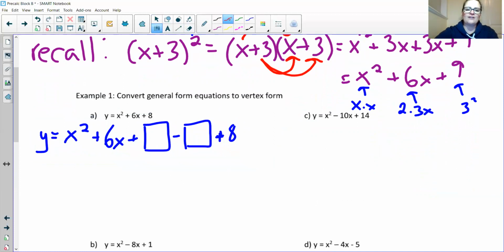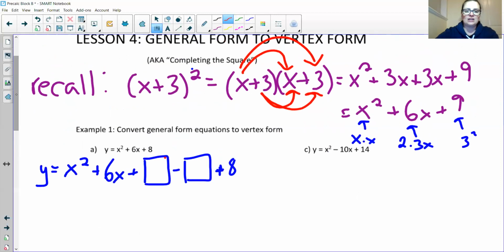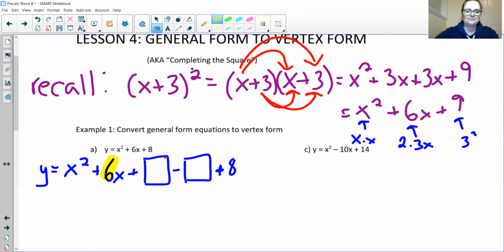So we want to put a value in this box that is going to help us create a trinomial square. And I conveniently used the same numbers here and here that were here and here. So when we have 6x, what is half of 6x? It's 3x.